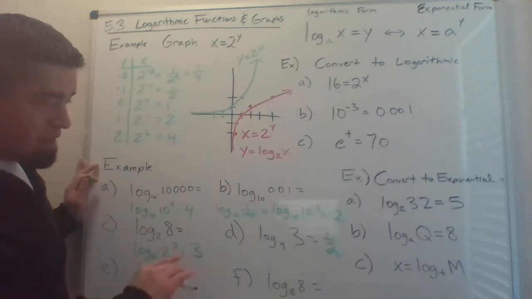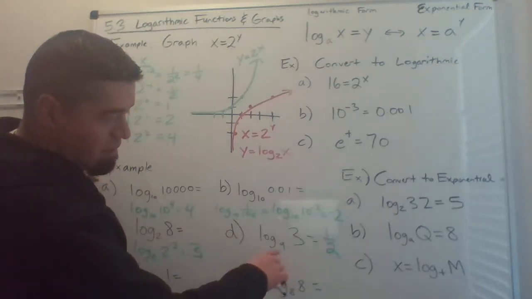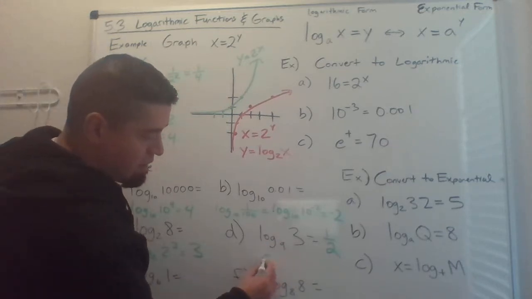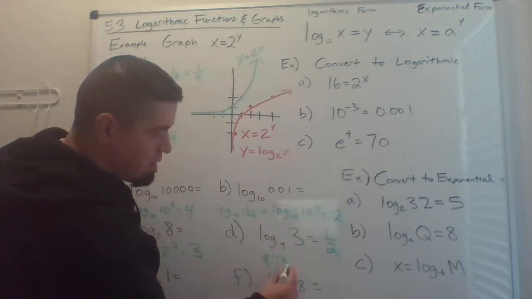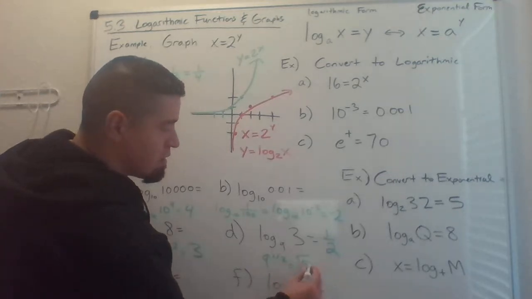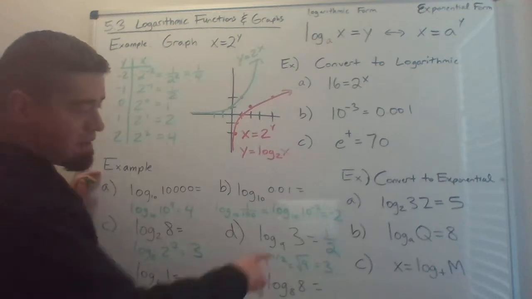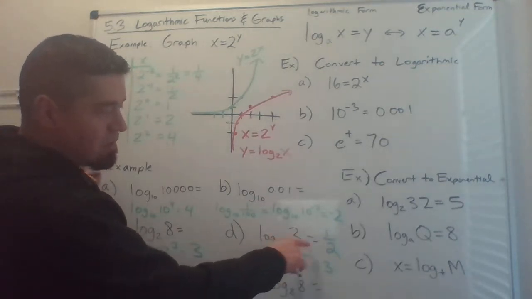So that's going to be 9 to the 1/2. And you could always check it, right? 9 to the 1/2 is actually the square root of 9, which is 3. So we answered the question. 9 to what power will give us 3? It's the 1/2 power.